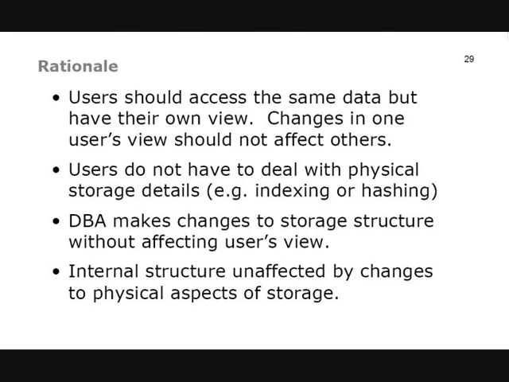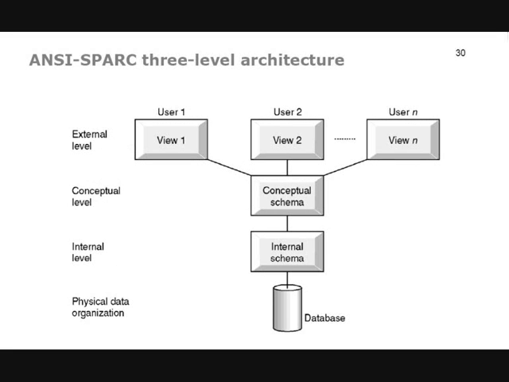So we have something like this. We have an architecture in which we have an external level, and that in this case has 3 different views for 3 different sets of users. There might be more than 3. We have a conceptual level at which we define the whole entire database for the whole entire organization, and from that we derive the user views.